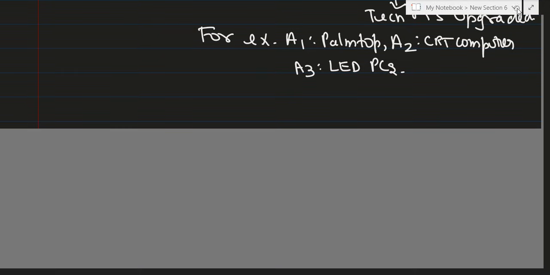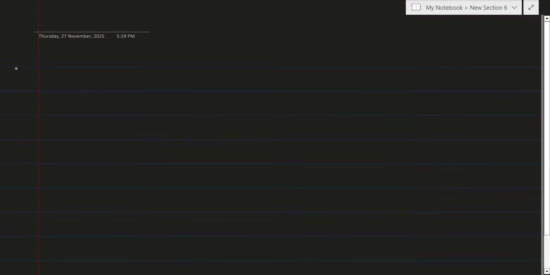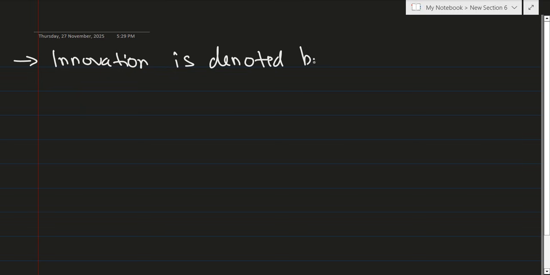Okay, so now innovation is denoted by growth in the stock of ideas.